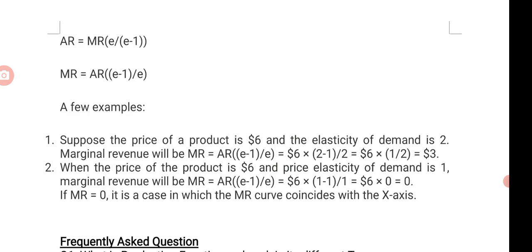The second condition is when the price of the product is $6 and the elasticity of demand is 1. Marginal revenue will be $6 multiplied by (1 minus 1) upon 1, which is $6 multiplied by 0, which is 0.